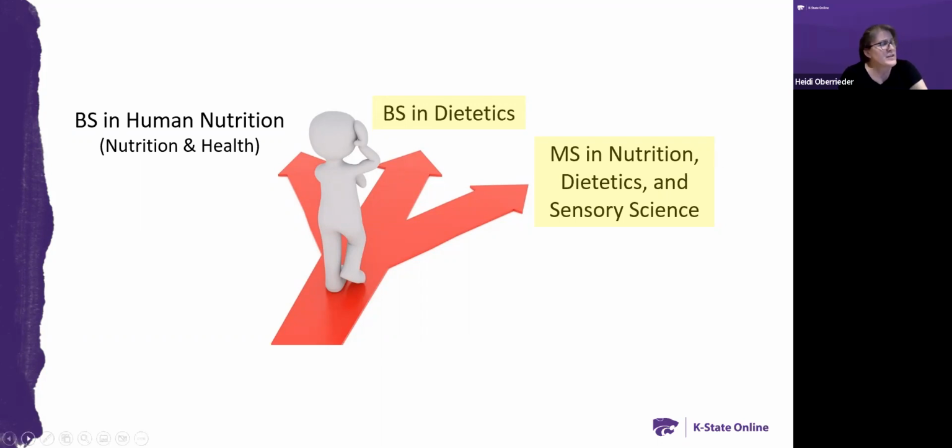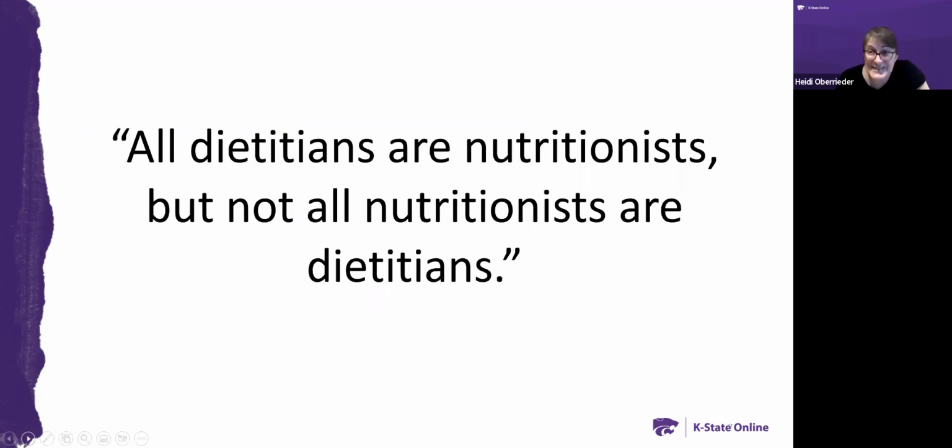So the first question that always comes up is, what is the difference between a dietitian and a nutritionist? And I like to answer it with this quote: all dietitians are nutritionists, but not all nutritionists are dietitians. So to me, the best way to explain it is that dietitians are a subset of nutritionists.